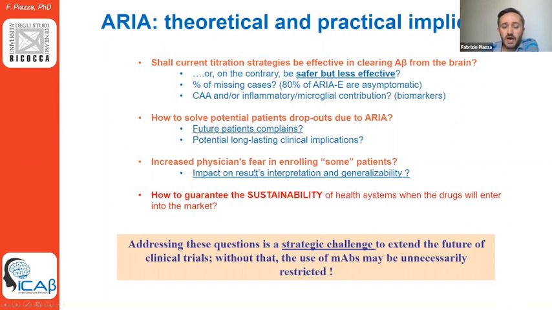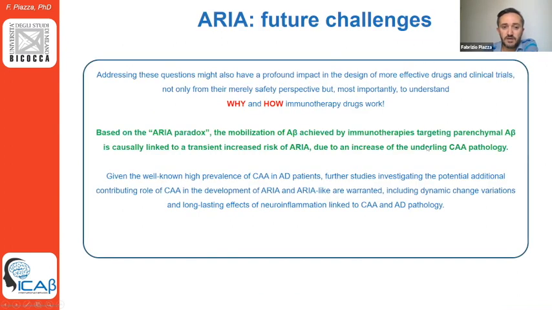And so also how this can impact the results that we are interpreting now in terms of efficacy and incidence of ARIA. And this will be important to guarantee the sustainability also of the health system. And so new biomarkers, more accessible and less costly than MRI, will be needed. Otherwise, the whole health system will collapse if this drug is made available to a large number of patients.